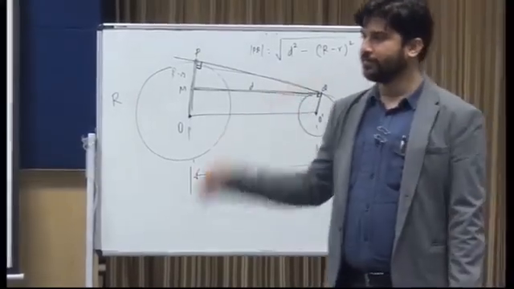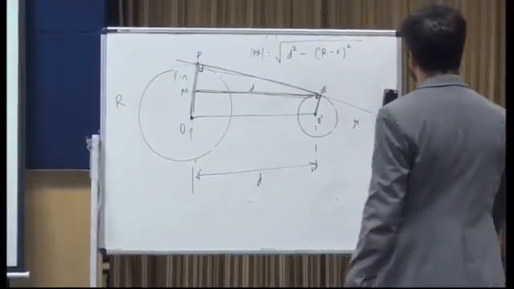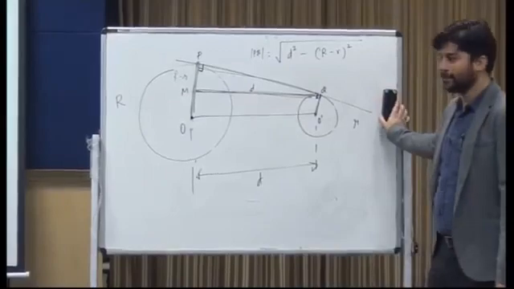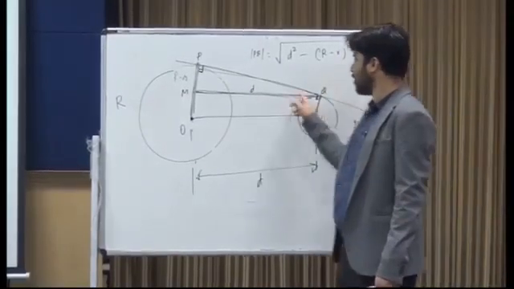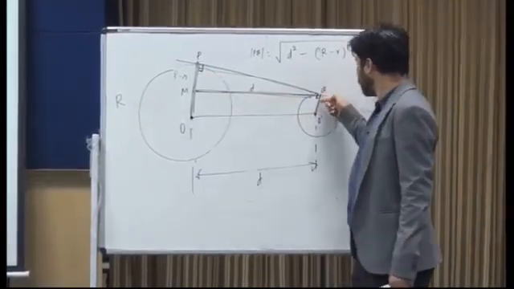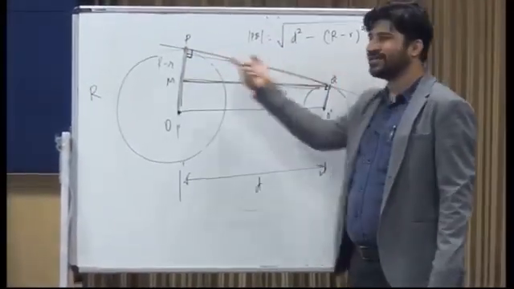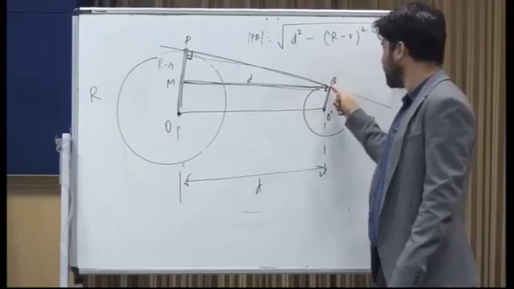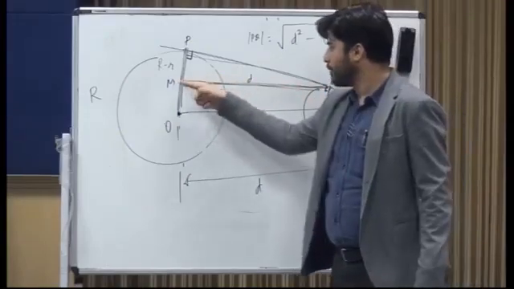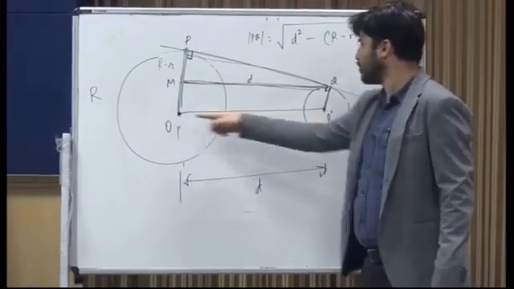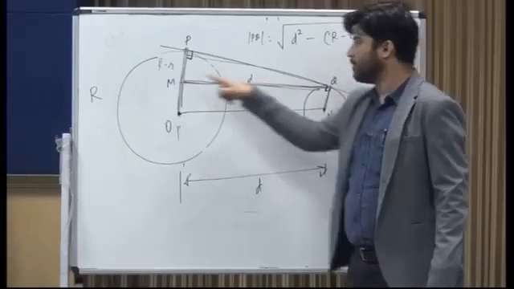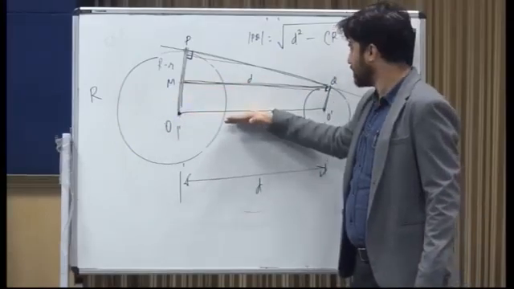Should we rub it? Okay. Everybody got it? Yes, sir. Good. So you understood now how this became, because O dash Q and OP are making 90 degrees with PQ, so it means they are parallel. And I drew by construction QM parallel to OO dash. So basically OO dash QM becomes a parallelogram. So I can say this is equal to this.